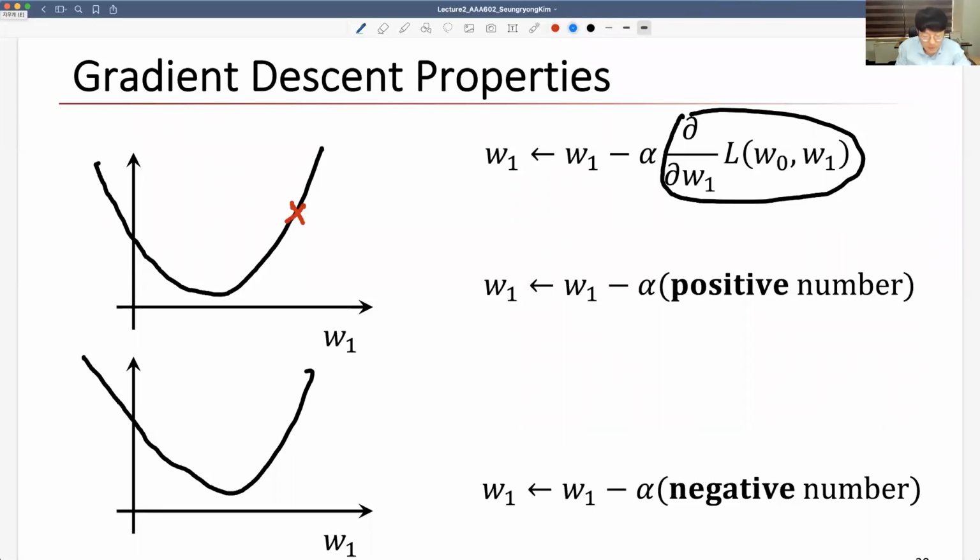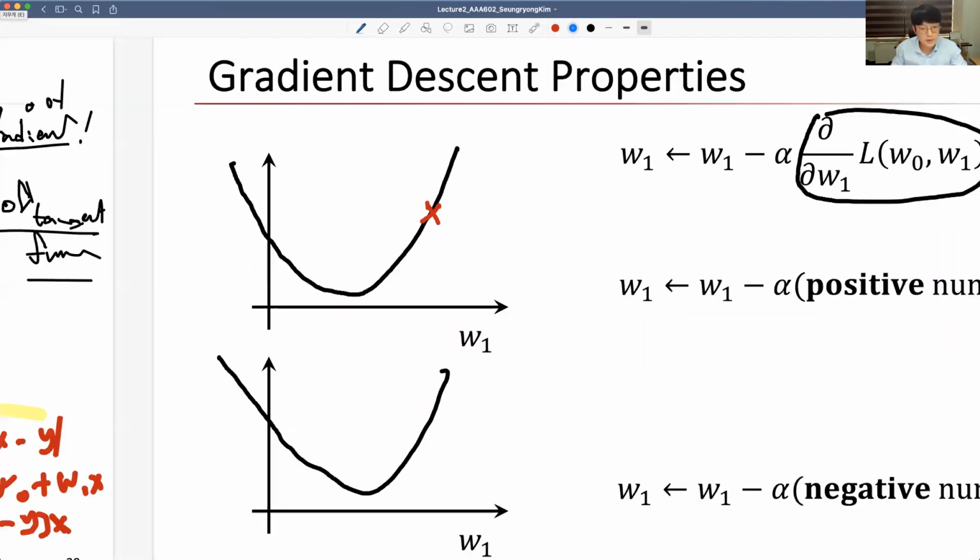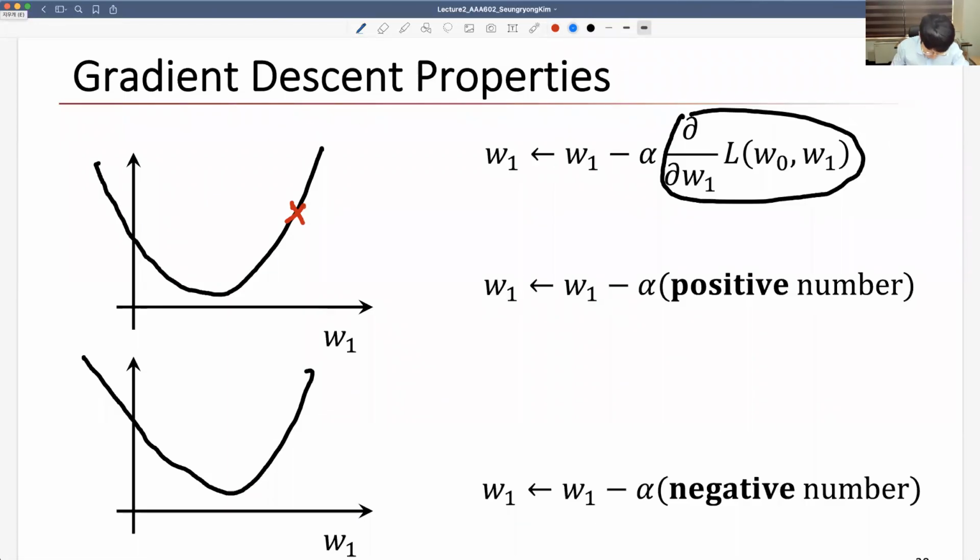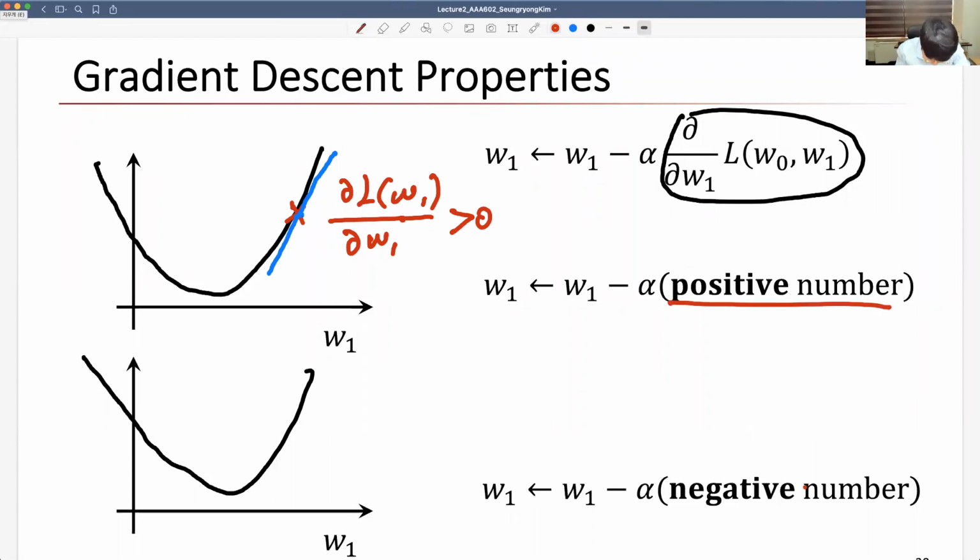Then if you remember this slide, the gradient at this point is the slope of this tangent line, right? So in this case, the gradient of the loss function with respect to W1 is a positive value, like this, right?